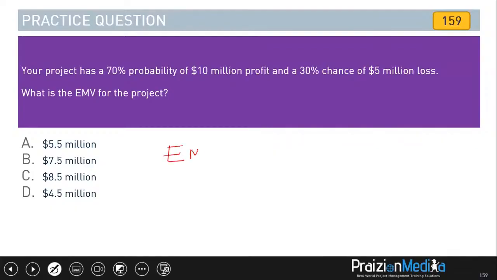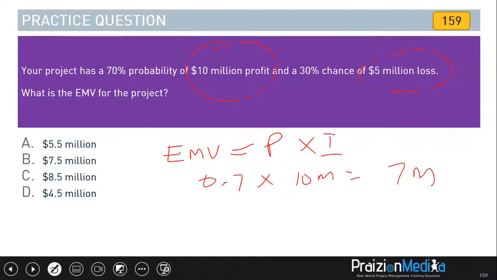So expected monetary value is probability times impact. You need to do this for both the chance of loss and the chance of profit. You're going to have 0.7 times 10 million, and that gives you 7 million. And then you're going to have 0.3 times minus 5 million because we're dealing with a loss, and that will be minus 1.5 million.